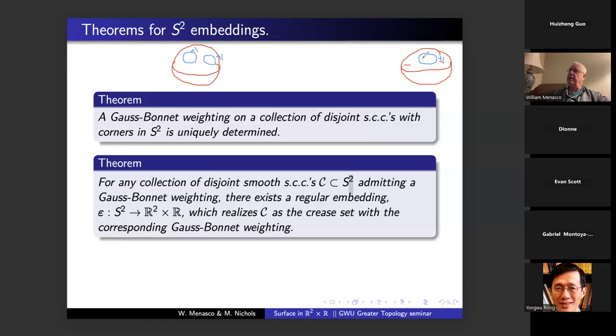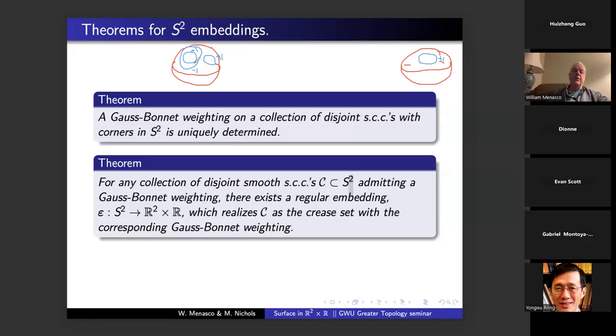Whereas this one over here, there is. If I had put in a third curve, I'd be all right, because I could assign this curve a weight of -1, then this curve right here bounds a disk, so I've got a +1 weighting.